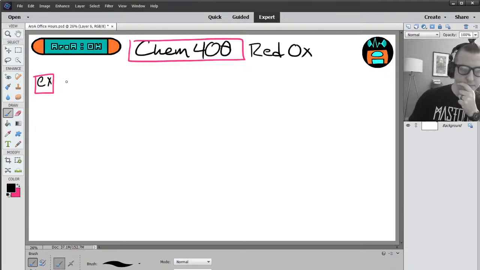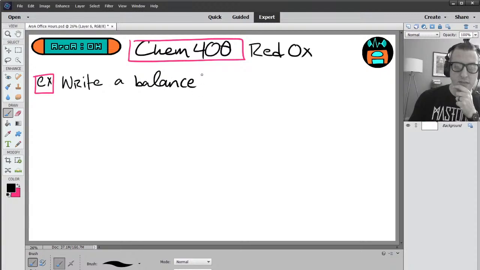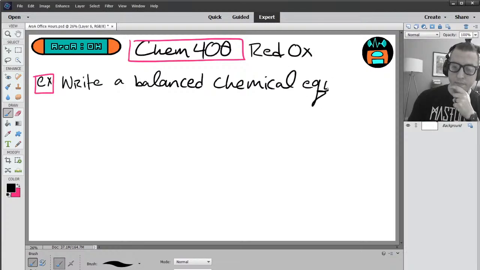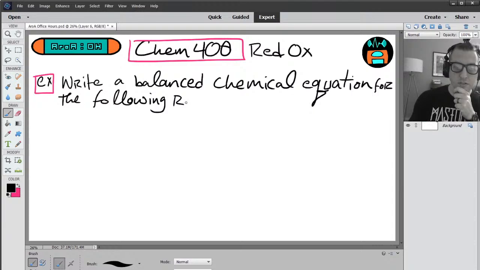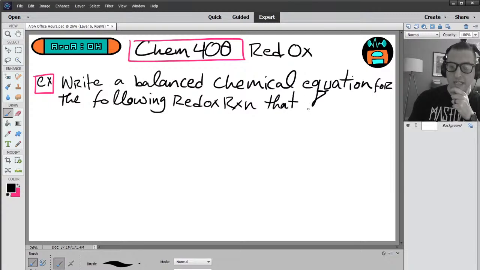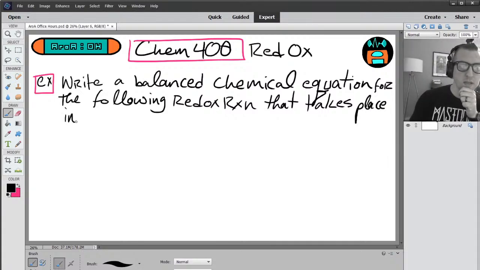Okay, so let's see. Write a balanced chemical equation for the following redox reaction that takes place in acidic media.